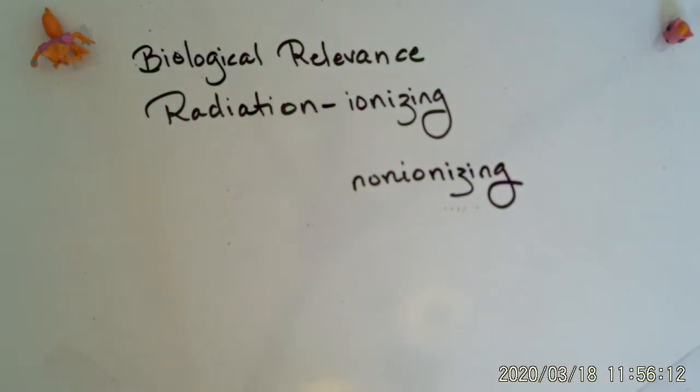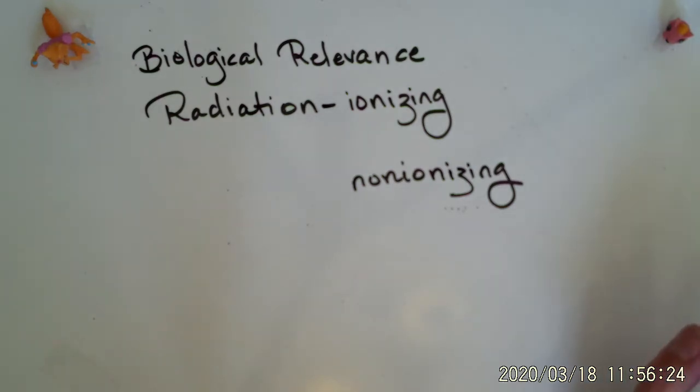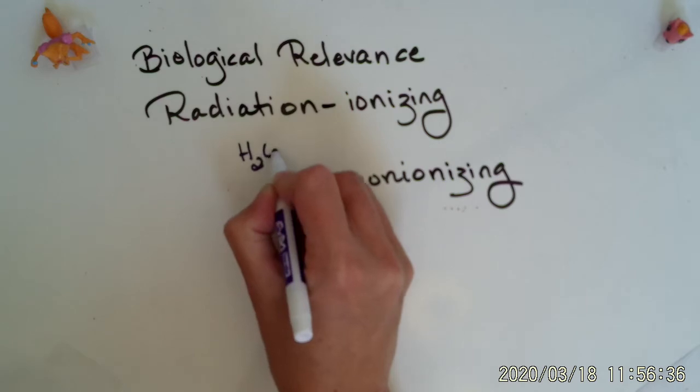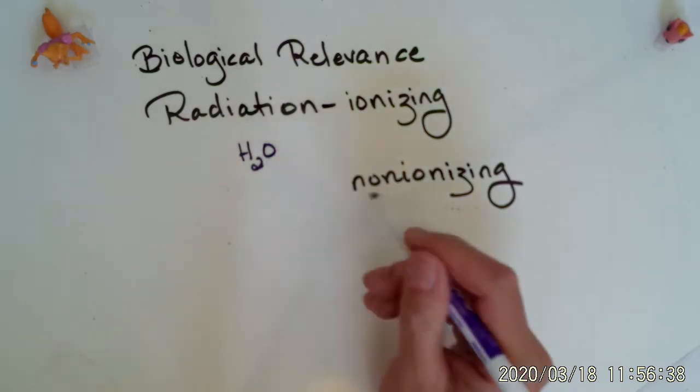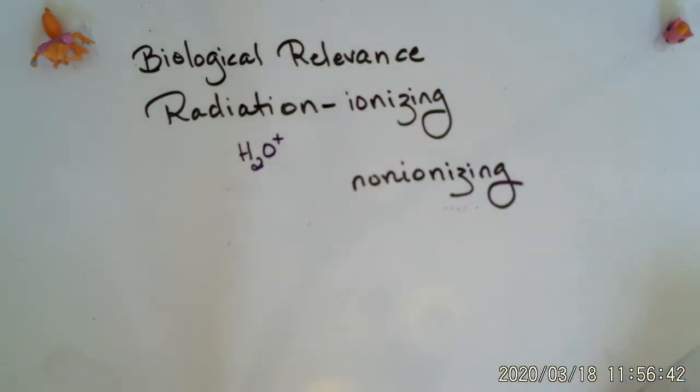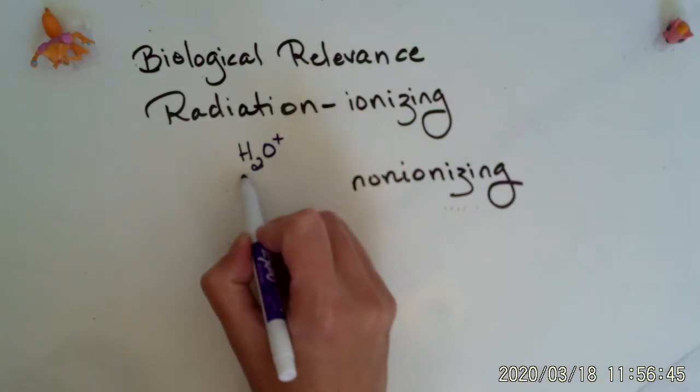As you can tell, ionizing means that the radiation produces ions. So let me give you an example. Ionizing radiation would include alpha radiation, gamma radiation, and beta radiation. What would happen is you could have water, it gets ionized, and basically you lose an electron. That's my ionizing radiation.